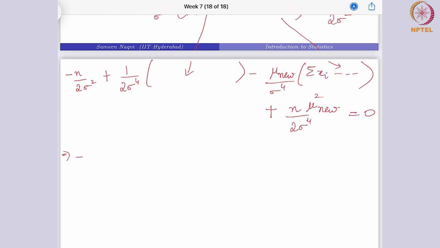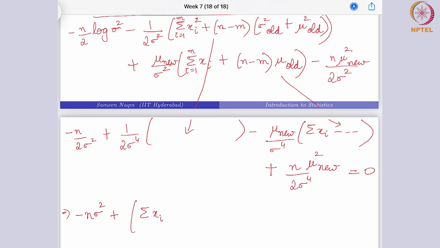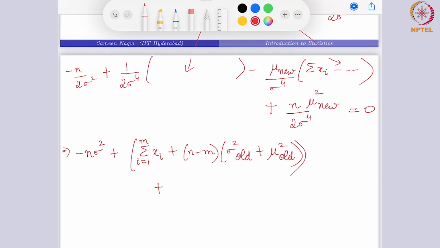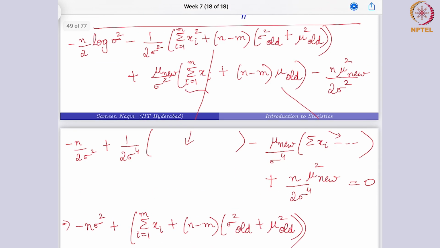What you will be left with is minus n sigma square plus summation xi square, the same terms that we had earlier, summation xi square, plus n minus m times sigma square old plus mu square old, and here it would be minus 2 mu new, because if you see this term over here, this is again mu new.